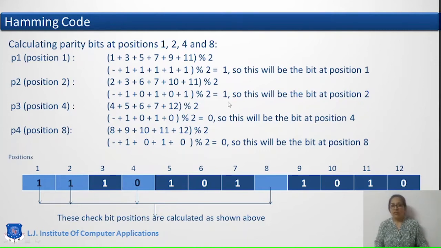We are not having more positions after 12, so we have just taken 8 to 12, because right now we have to consider 8 positions, but we don't have more than 12 positions, so we have taken up to 12. So their number of ones are 2, that is even, so we will keep 0 at position 8.